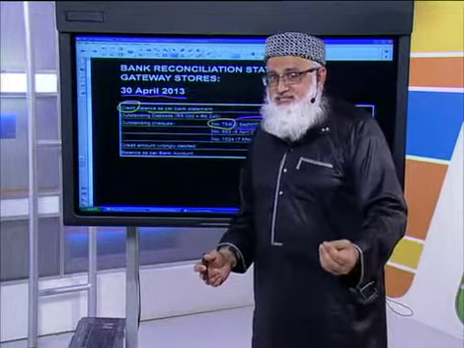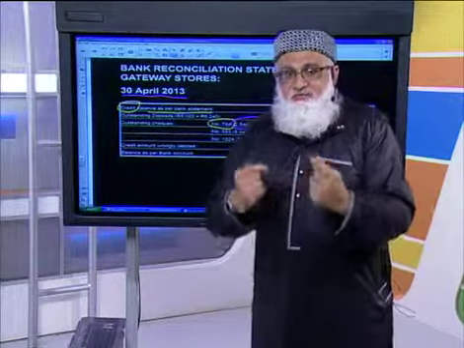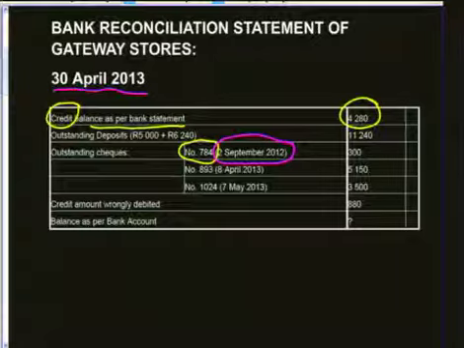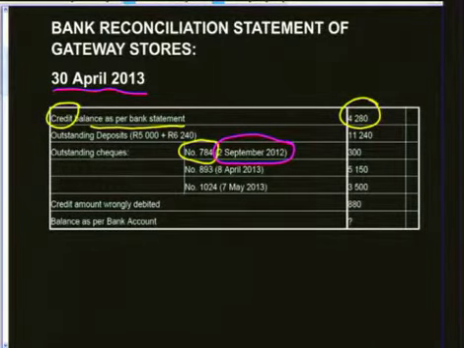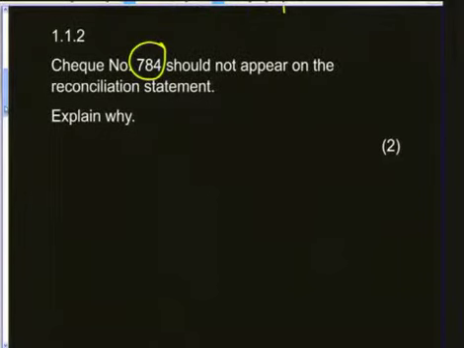What happens? Yes, accounting boffins out there, you ought to know that once a cheque is older than 6 months, is it older than 6 months? Certainly it is. So therefore, the question wants to know from you, why should it not appear on the recon?